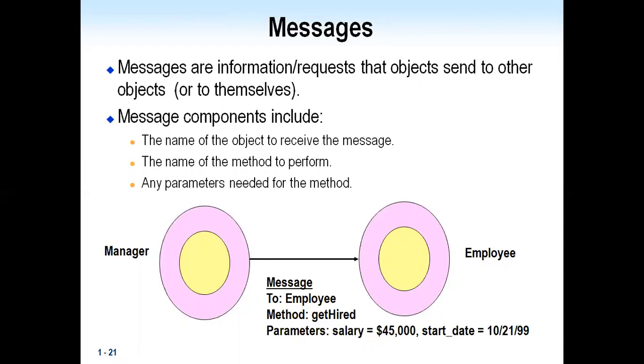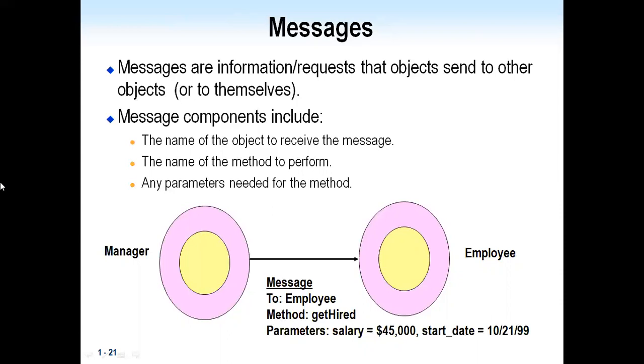The name of the object is the employee name, the method is get hired, and the parameters are salary and starting date. So to implement any system, we can transfer messages from one object to another object.